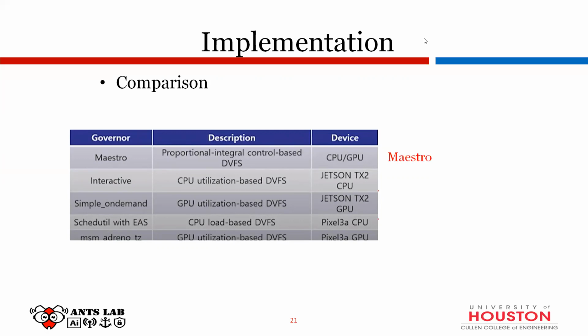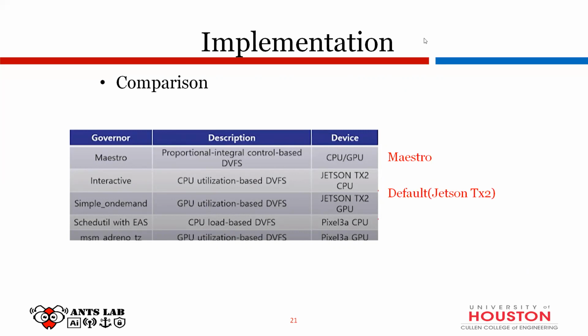The first one is Maestro. It's basically a control-based DVFS, so it's without the new zero thermal throttling and the learning part of it. The second two are the components in Jetson TX2, and they relate to CPU and GPU.